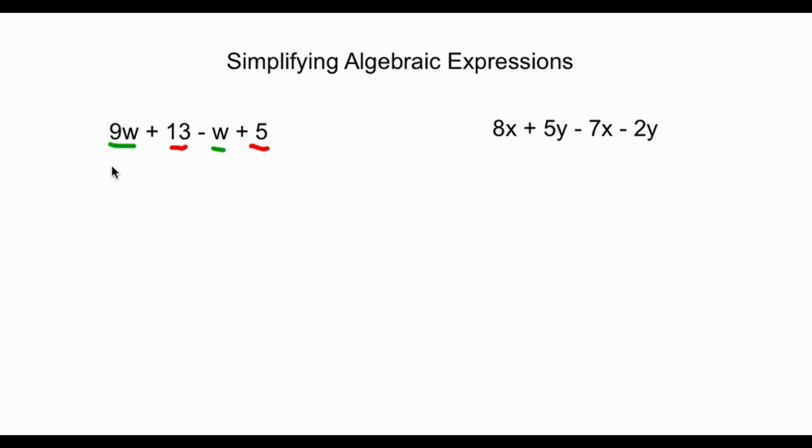So if I were to simply bring down the 9w, and now I want to swap the w with the 13, so let's say I did plus w here, and then I moved over the 13, so the 13 would have the subtraction here, minus 13, and then plus the 5 did not change.